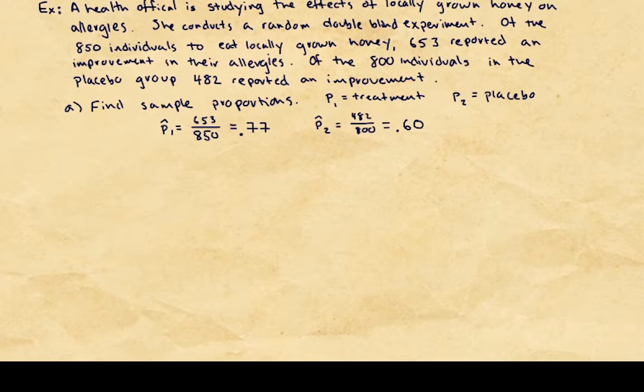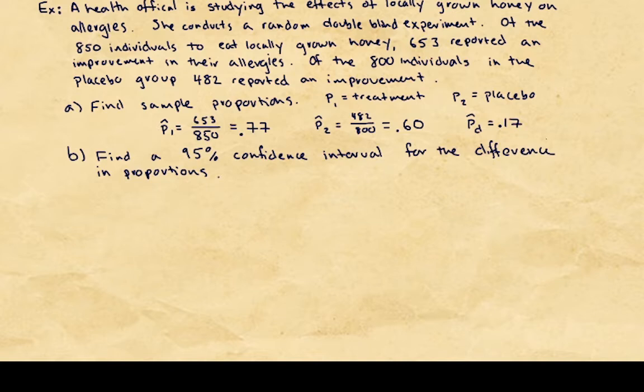So I let p1 be the treatment group and p2 be the placebo group, and boy, does it ever look like this is working. 77% of the locally grown honey eaters saw an improvement in their allergies, while only 60% of the regular honey eaters saw an improvement in their allergies. So just on our first inspection here, it really makes it look like the locally grown honey is making a difference.